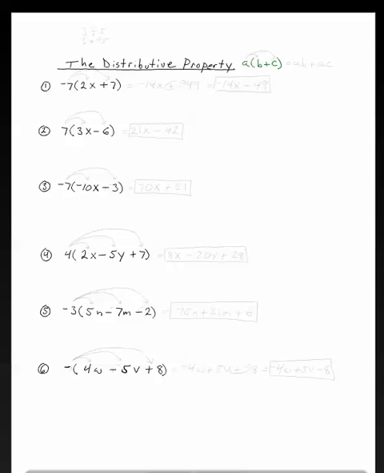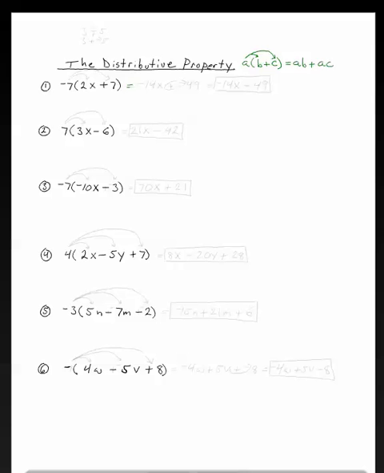So this is A times the sum of B plus C. The distributive property allows me to distribute the multiplication of the A to the B and the C. So A times the sum of B plus C becomes A times B plus A times C. So I'm just distributing the multiplication.